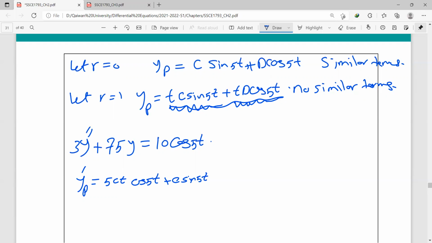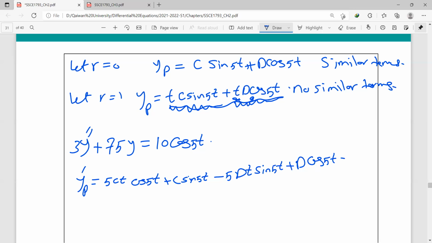Now we find the derivative for the second term, t times cosine 5t. This is minus 5dt sine 5t. It's first times derivative of the second, then second times derivative of the first, which is the second function itself, d cosine 5t. That's all. This is the first derivative.